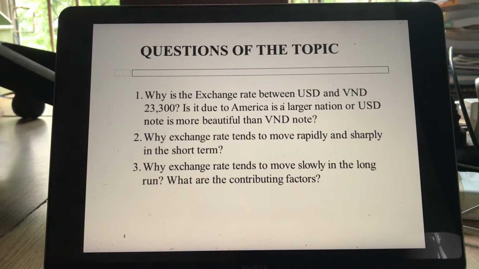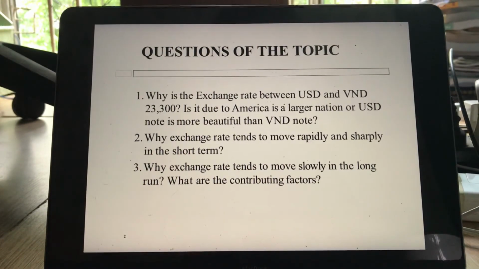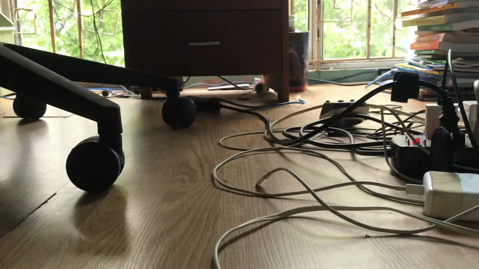That's quite strong. And the exchange rate quoted by the commercial bank for the USD is now around 22,900 something.